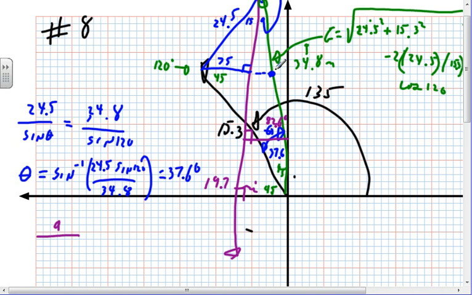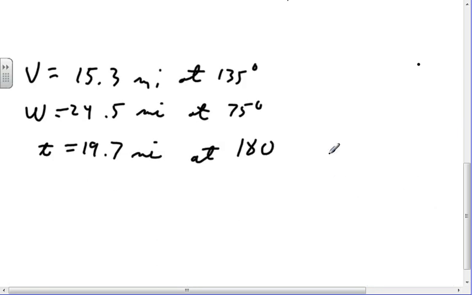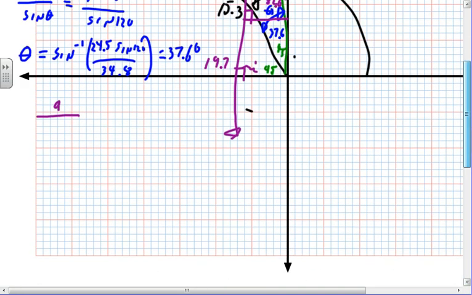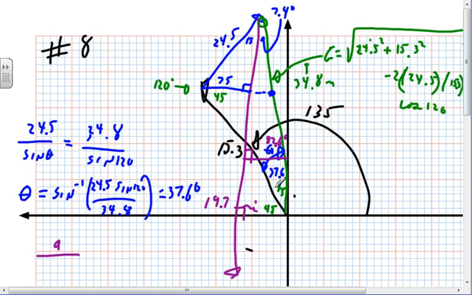All right. Okay. So now we're going to redraw our picture. But what do we want? The answer we want is between here and there. That's our problem. We know this is a right angle.